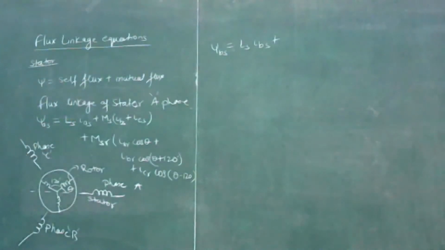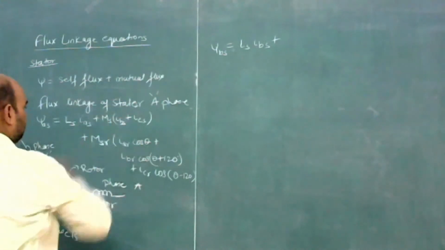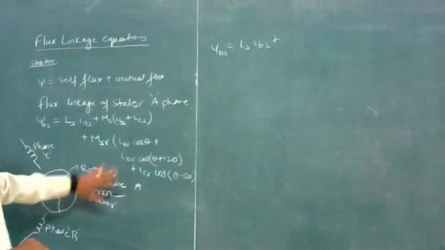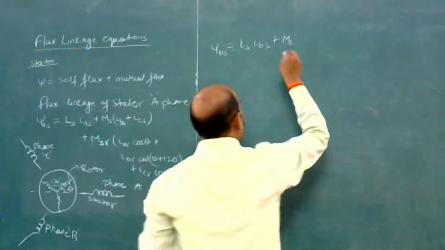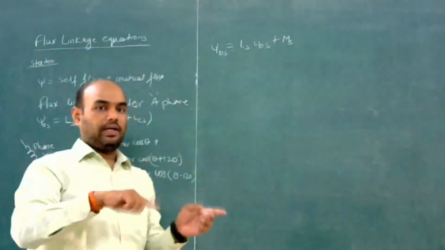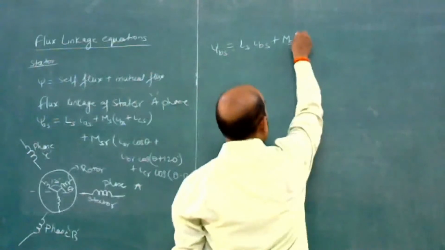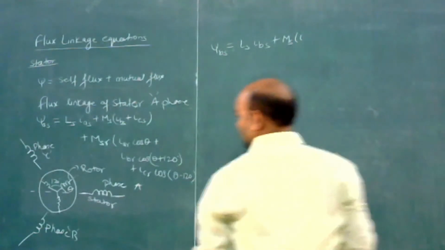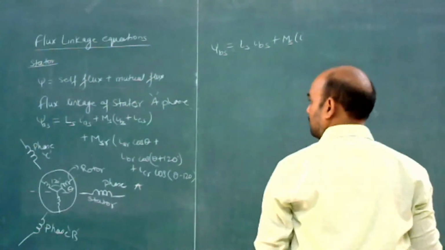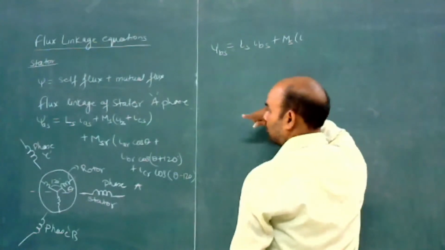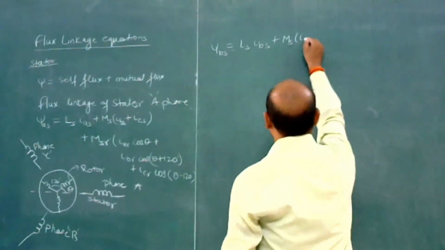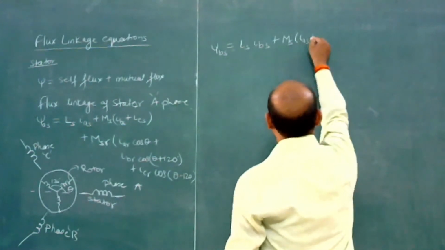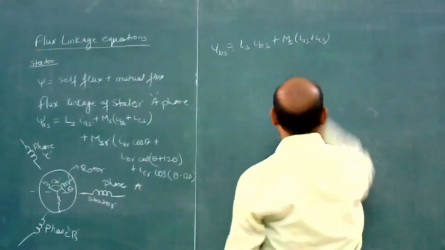Plus the mutual flux. So this will be mutual inductance MS, and the current flows in windings A and B. So this flux linkage is due to the mutual flux between phase B and A. So this will be IAS, then this will be ICS.